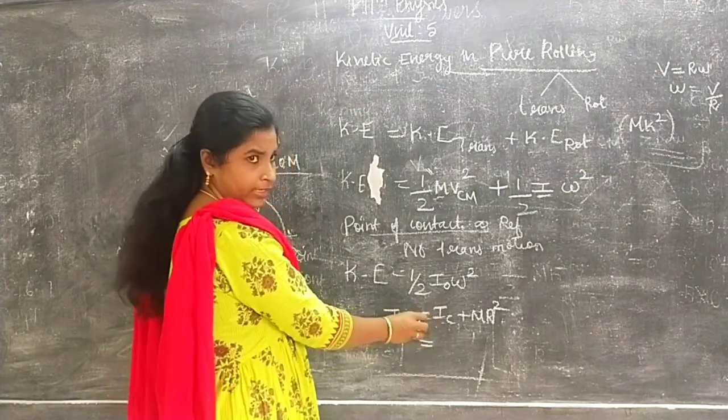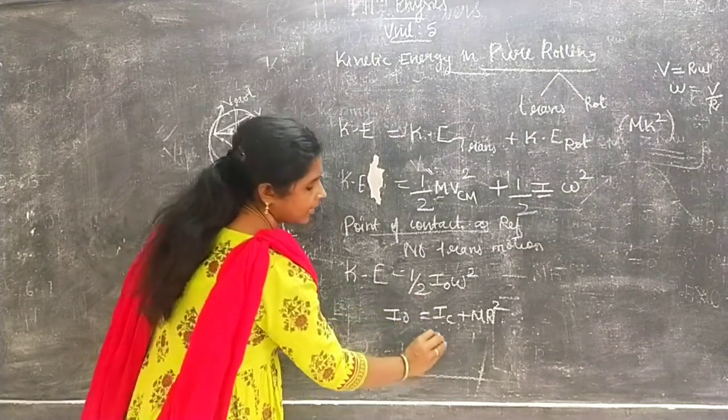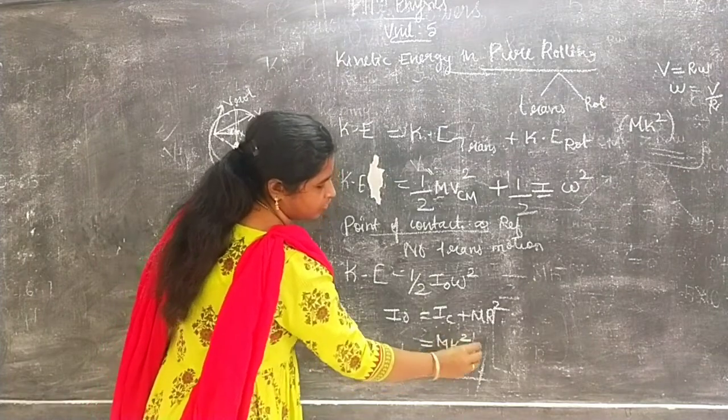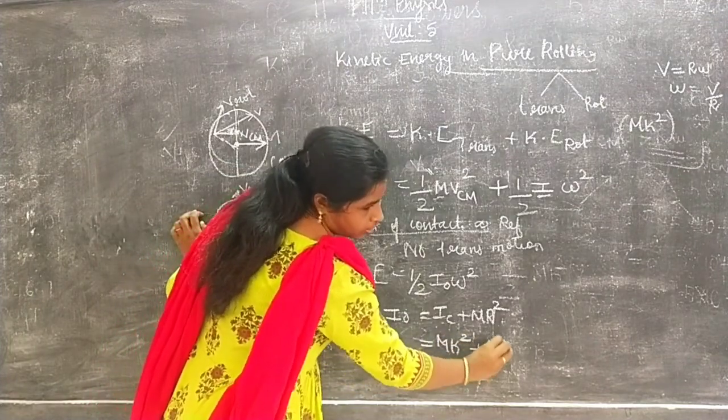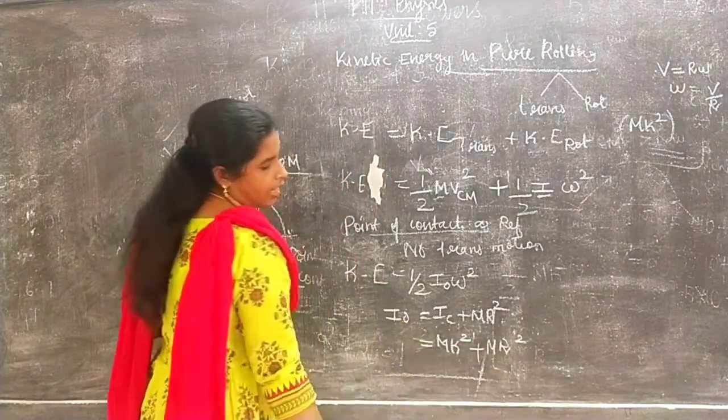So what is I C? The moment of inertia about the center of mass we can take as M K square, so I naught is M K square plus M R square.